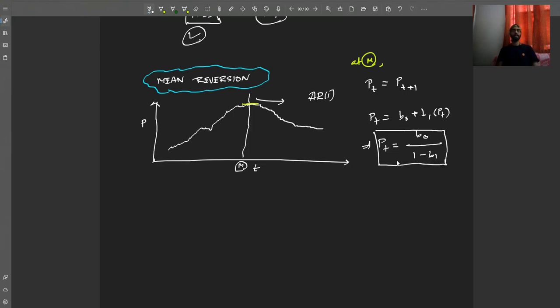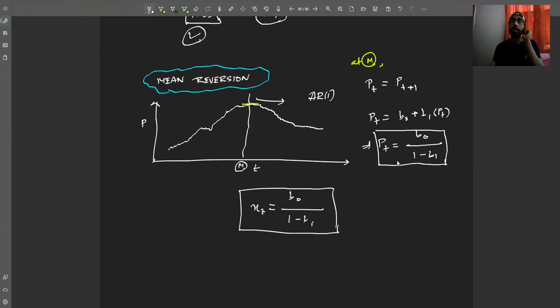We can generalize this for any variable xt of an AR1 model. The mean reversion is predicted to be coming at B0 by 1 minus B1. Right, friends? So this is the value prediction. If somebody asks you that this is an AR1 model, the equation goes like this: xt is equal to B0 plus B1 xt minus 1. What is the value at which the mean reversion will happen?